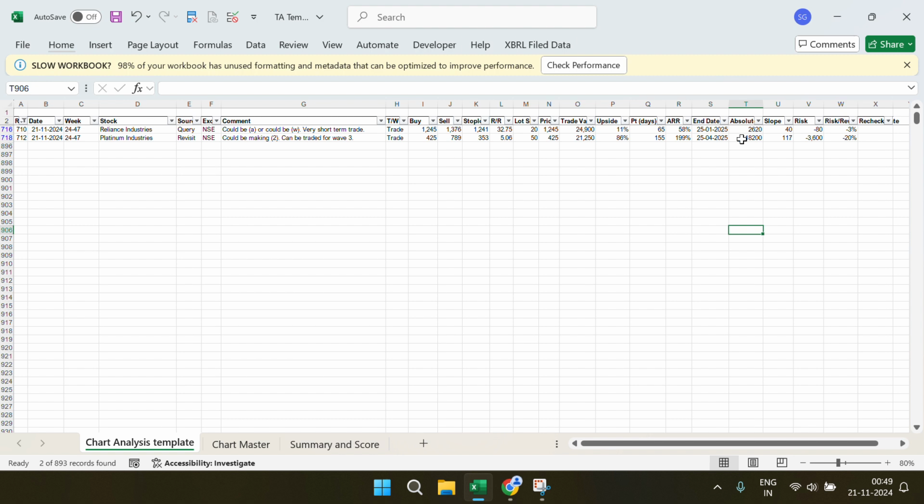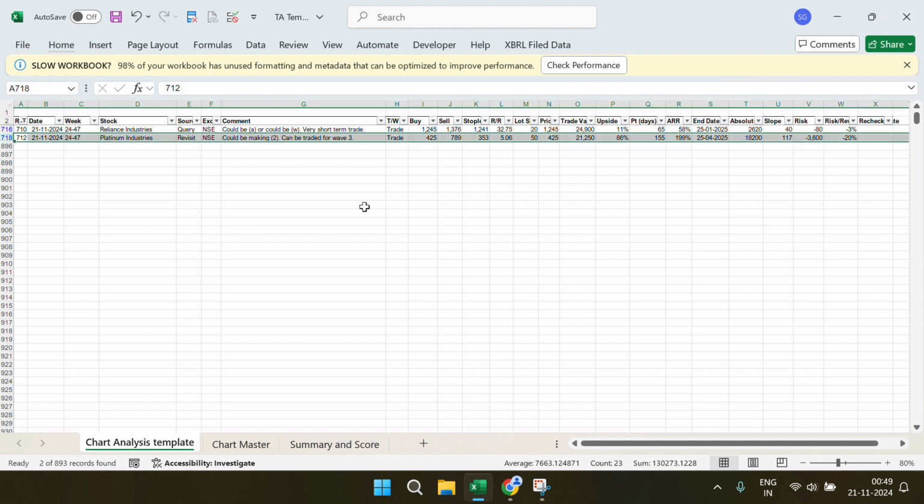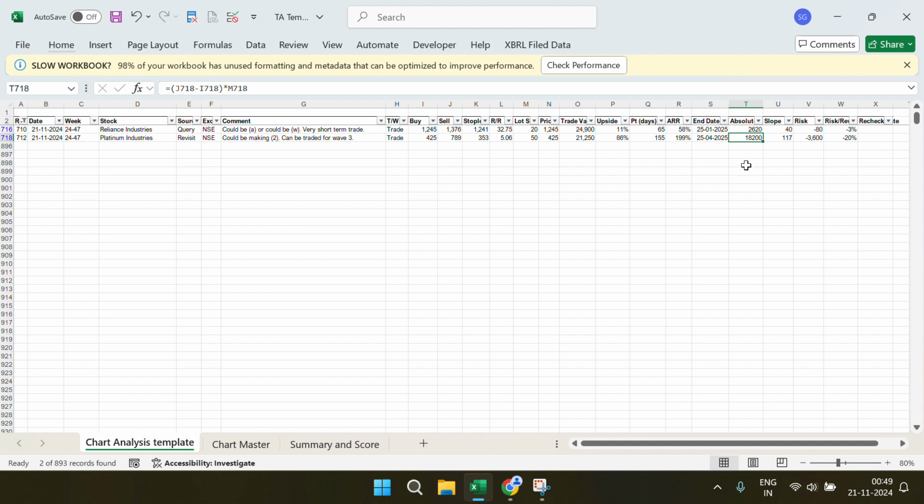Now, I feel the second one is more lucrative because I have an absolute upside of 86% I can get in about 155 days, which is a good return because the ARR is fine. The annual return is very good. But if I am looking for a short time trade, say just for argument's sake, if I was expecting this in 15 days, my ARR would have been very good.